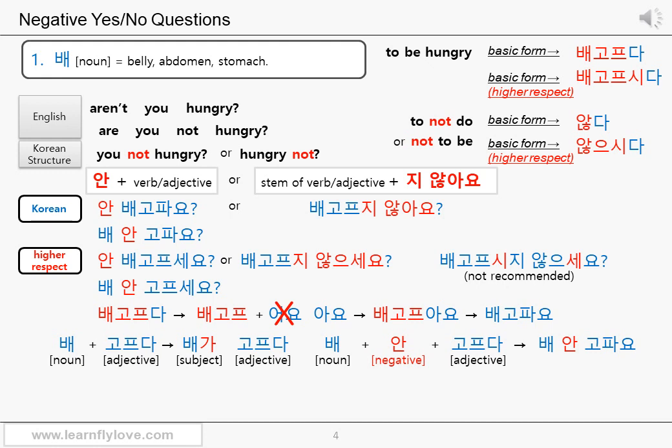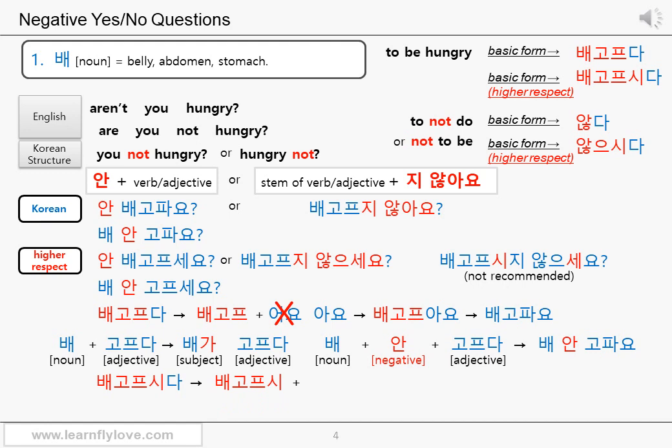Very good. Then let's make a higher respect form. Let's turn the first sentence 안 배고파요 into a higher respect form. It looks simple because we just need to turn the adjective 배고파요 into the higher respect form. The basic form of the higher respect form of 배고프다 is 배고프시다. The stem is 배고프시.